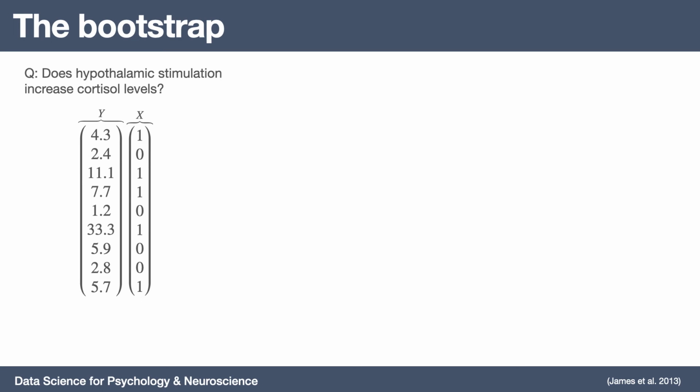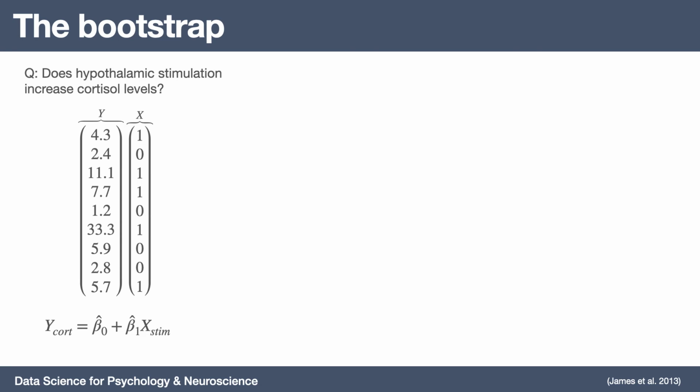X is a binary variable for stim on that trial or not. Y is the cortisol level after a certain period of time, after the stim or no stim, and you just fit a simple regression model that looks like this. Right? So your cortisol level is a function of some intercept term plus the regression coefficient against that stim term.